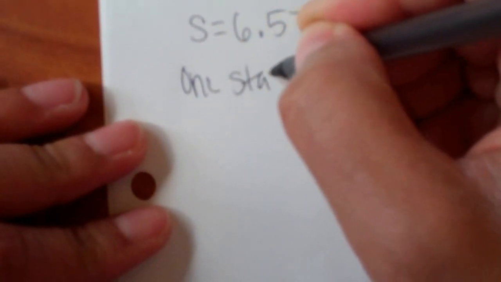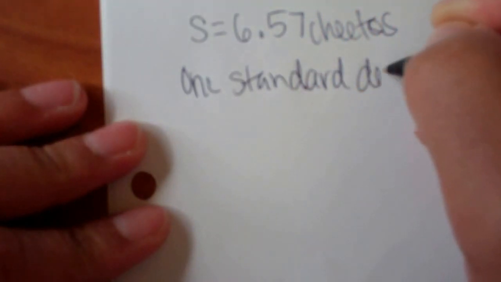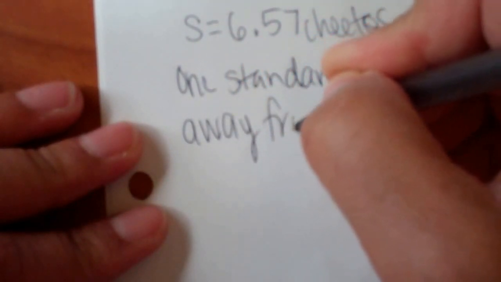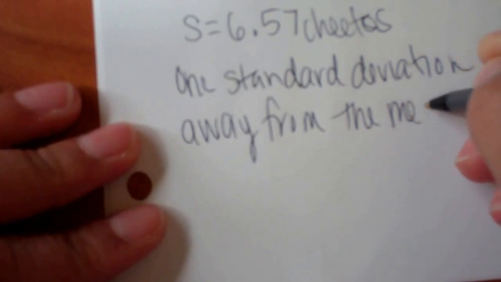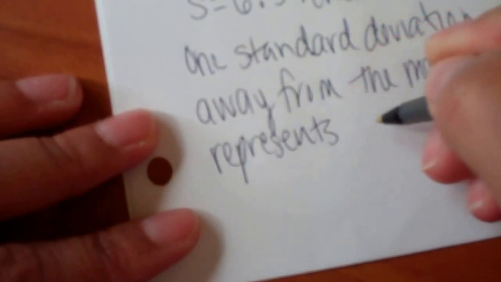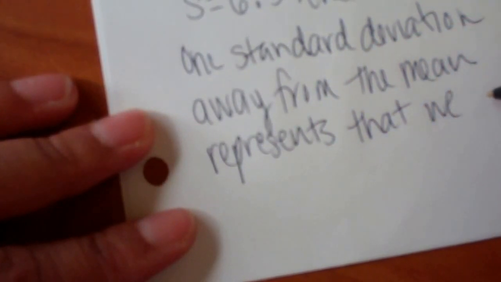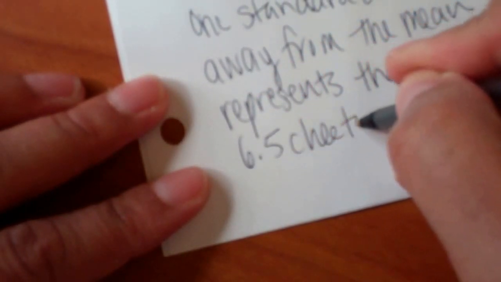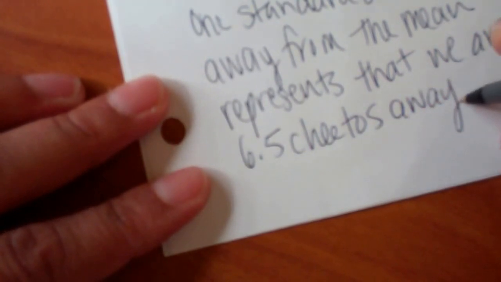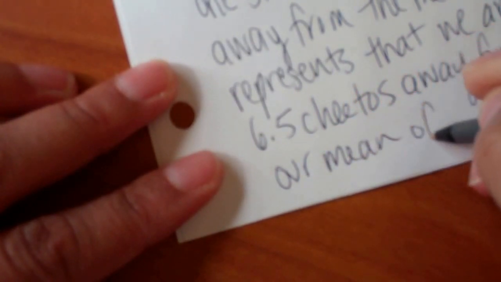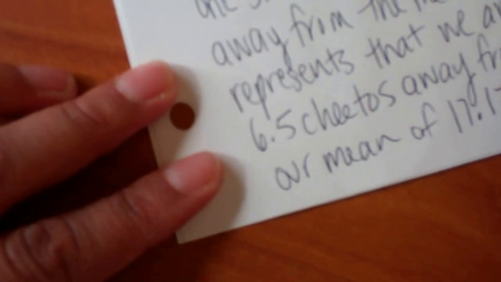If we are 1 standard deviation away from the mean, it represents that we are 6.5 Cheetos away from our mean of 17.17 Cheetos.